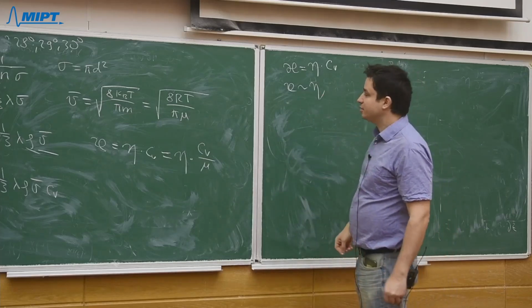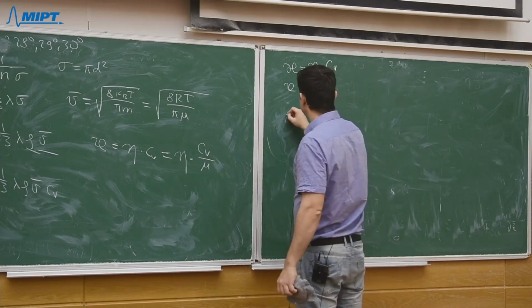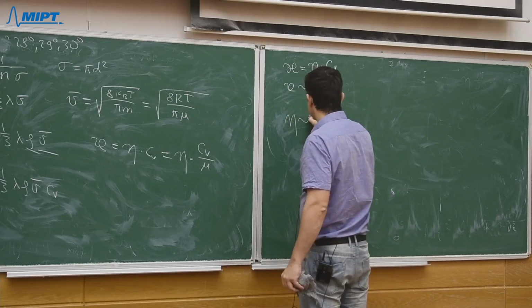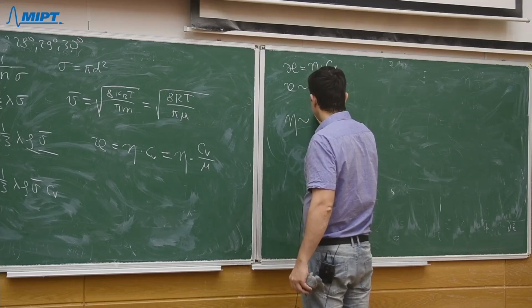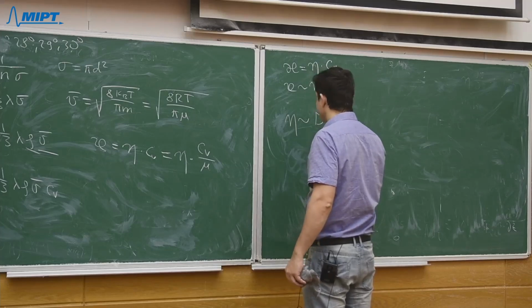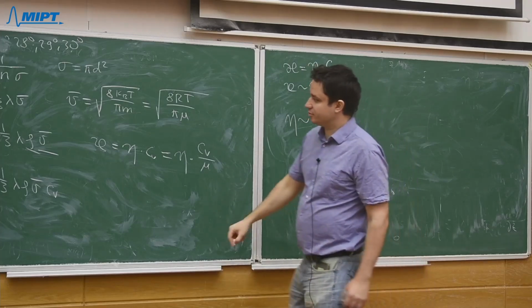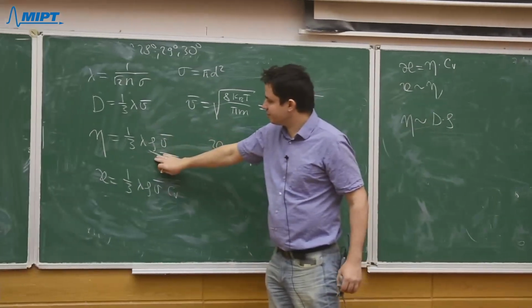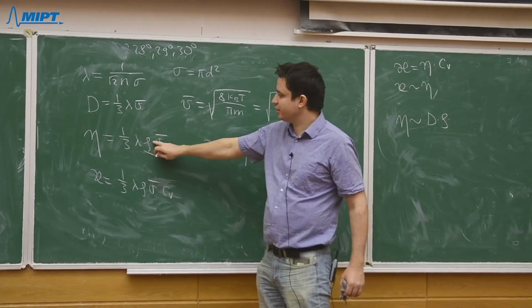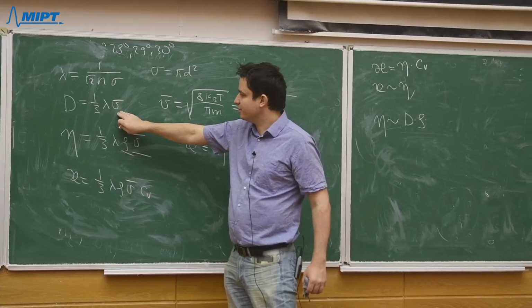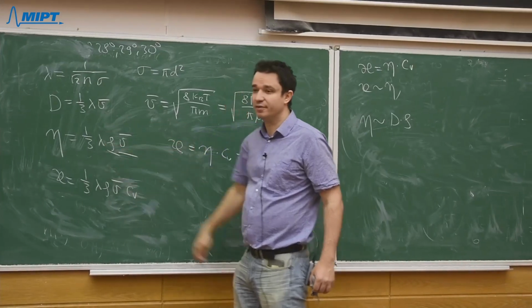And finally, we also can write that this actually equals D multiplied by rho. We can also check the formula for eta: eta is indeed obtained by multiplying D by rho.